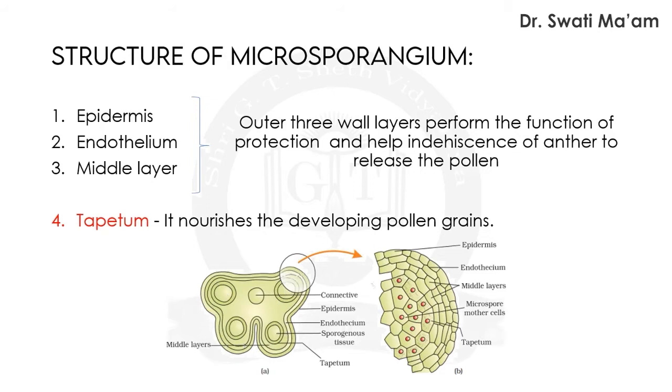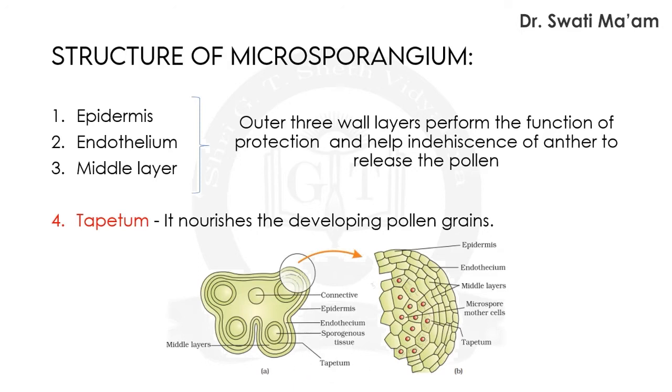They are: first, the outermost epidermis, followed by endothecium, followed by the middle layer, and lastly the tapetum. All the names are indicated here in the diagram. This is the epidermis, endothecium, then the middle layer, and lastly the tapetum.